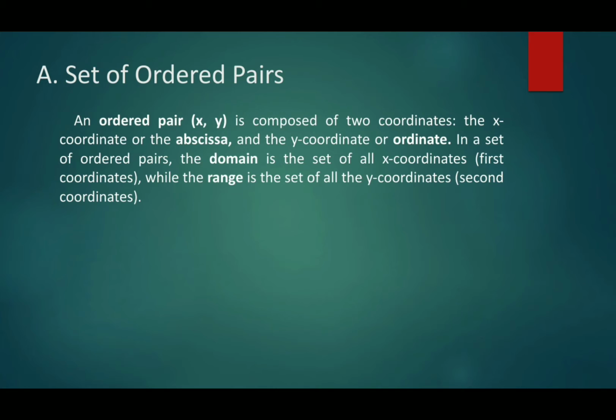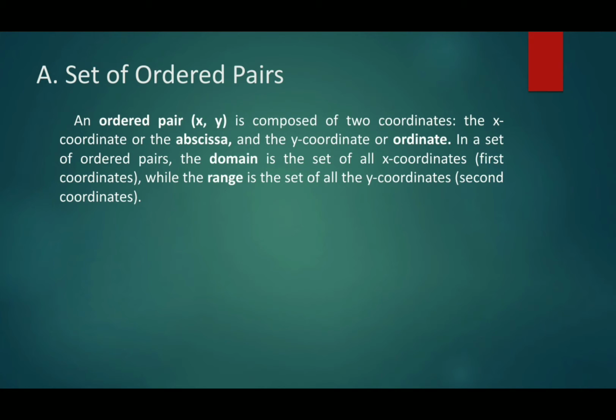So, let's proceed to letter A, set of ordered pairs. An ordered pair, or the x and y, is composed of two coordinates. The x coordinate, or the abscissa. Abscissa is another name for the x coordinate. And the y coordinate, or ordinate.